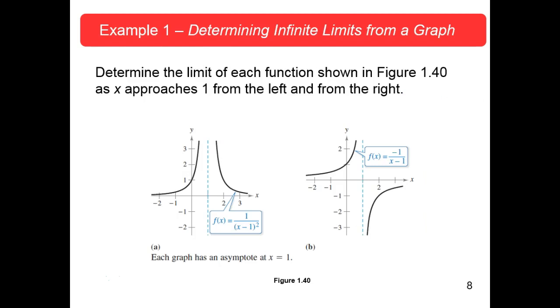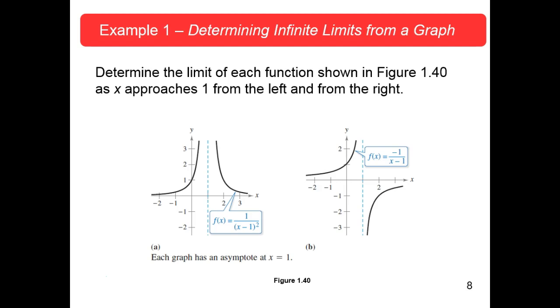Let's do example 1 here. Determine the limit of each of the functions shown in this figure as x approaches 1 from the left and from the right. Okay? So, obviously, x cannot equal 1, right?